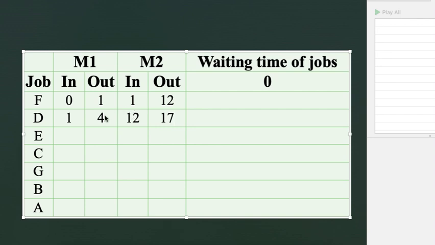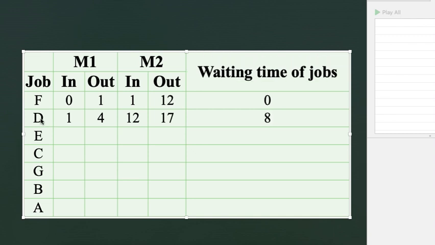It has finished at 4, but here it will take 12 hours. So 12 minus 4 is 8 hours. That means job D has to wait for 8 hours to get processed on machine M2.